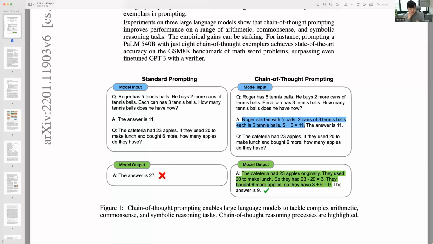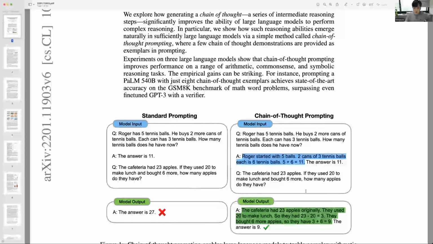With this simple modification, the model is encouraged to generate the explanation first and then the answer, because a language model usually follows the same pattern observed in the prompt. So the model now outputs: this cafeteria had 23 apples originally. This is about the new question. Because the model generates this explanation, what they found is that the final answer becomes much more accurate.